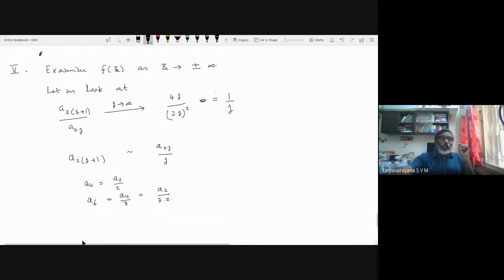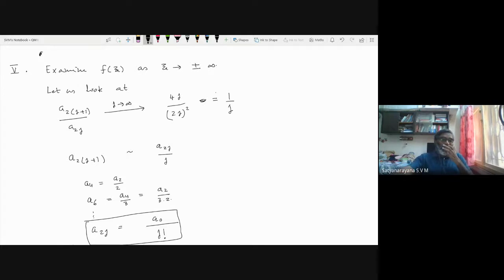And so on. So in general, a2j becomes some kind of a2, where a2 is some constant times a naught, so we can simply call this a naught divided by j factorial. So what does that mean?